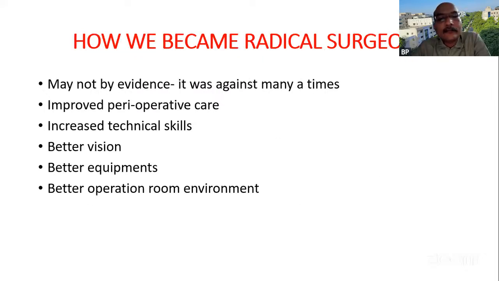But whatever has been said and we have read, we never became radical surgeons just by evidence. All of our surgeries become safer because, collaterally, there is an improvement in perioperative care and increased technical skills. As we keep on seeing liver resections, bisegmentectomies, lymphadenectomies, more and more people are venturing into aggressive surgery.